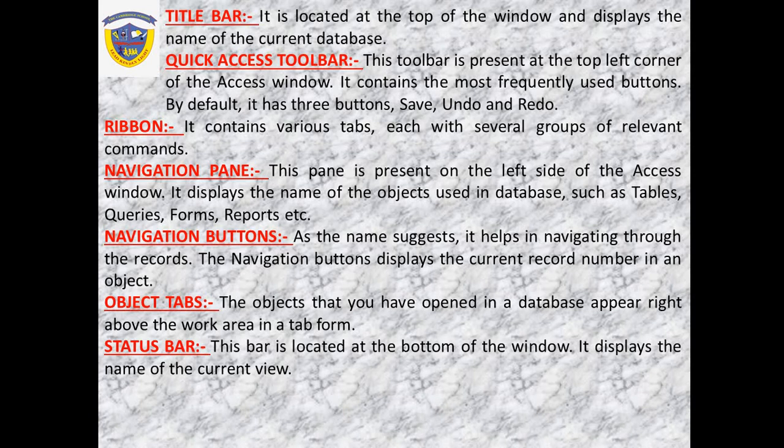Next are the navigation buttons. As the name suggests, they help us in navigating through records. The navigation button displays the current record number in an object. Next are object tabs. The objects that you have opened in a database appear to the right of the work area in tab form.